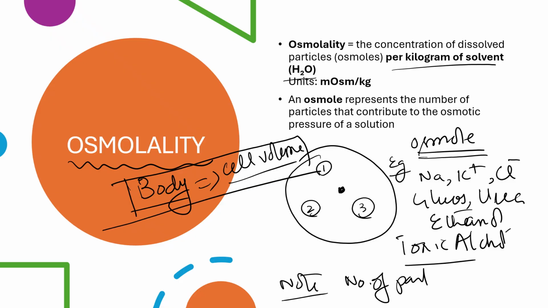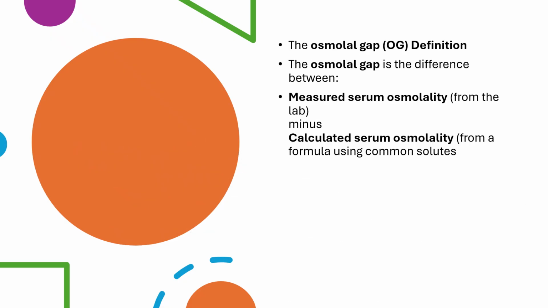Our body tightly regulates the plasma osmolality between 275 to 295 milliosmol per kg. Now we know about osmotic pressure. We learned about osmolality. Now let's come to our main topic, which is osmolar gap.